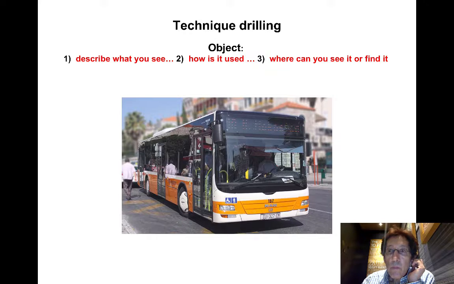This vehicle has four wheels, and it doesn't belong to private owners. It belongs to the public, to the government, and there is one driver sitting inside who drives this vehicle everywhere in order to carry passengers to their destinations.